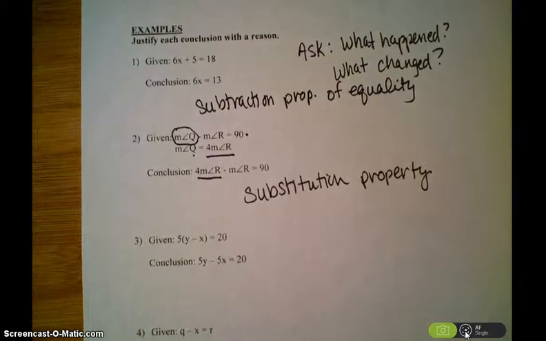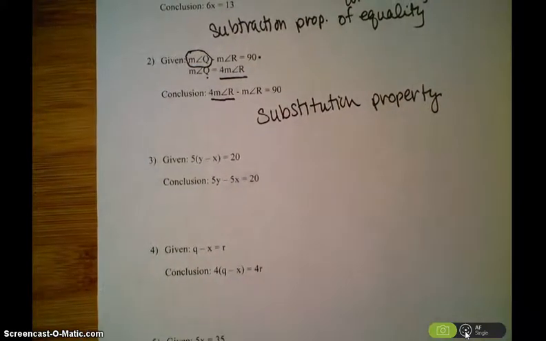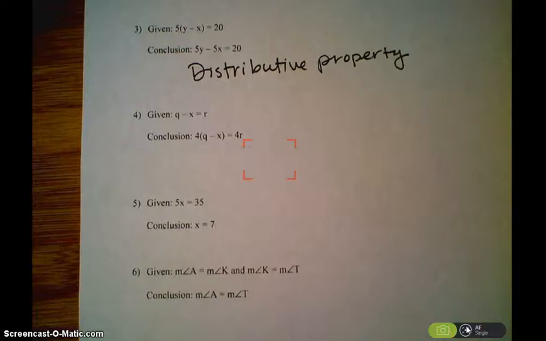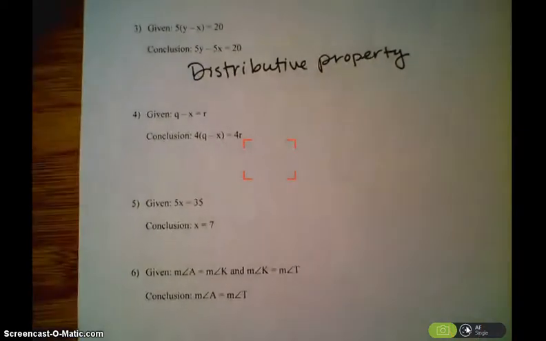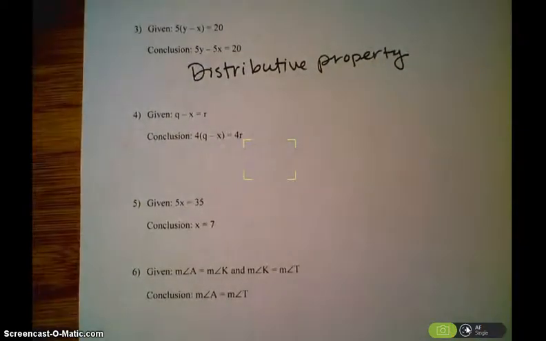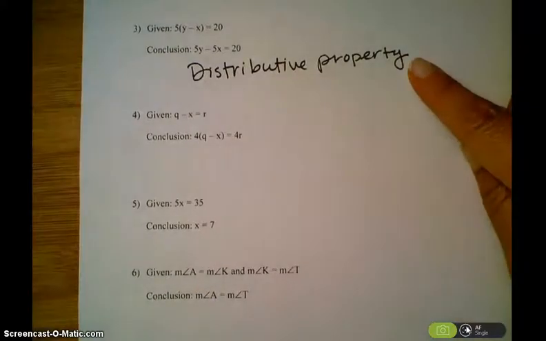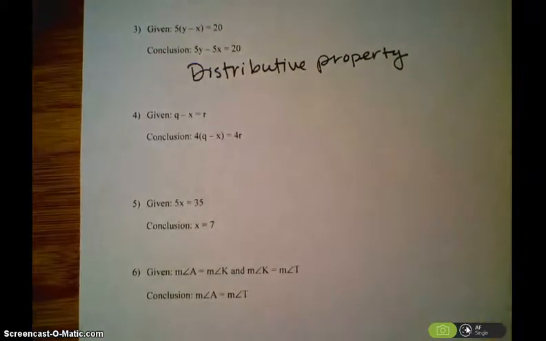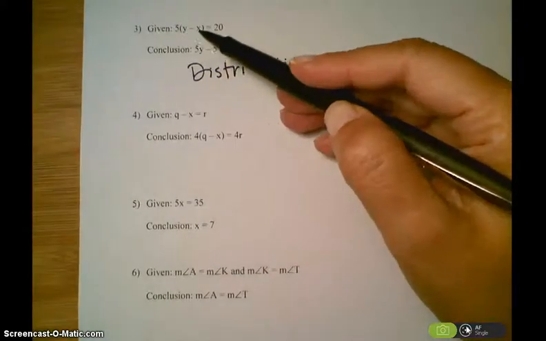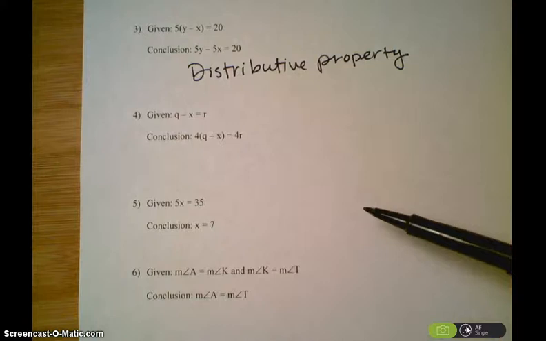We'll see. Okay, on the third one, take a look, decide what happened. Okay, so things are blurry while it focuses in again. If you take a look on number 3, the answer was distributive property, because all that changed was the 5 was distributed through the y minus x group, and we ended up with 5y minus 5x.